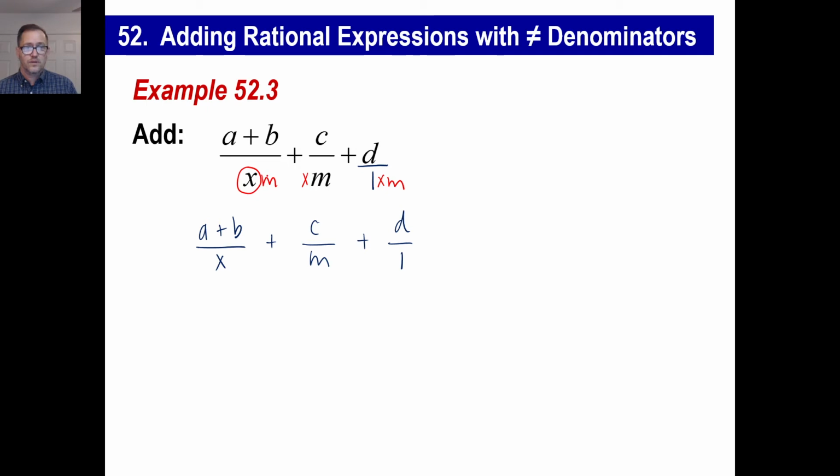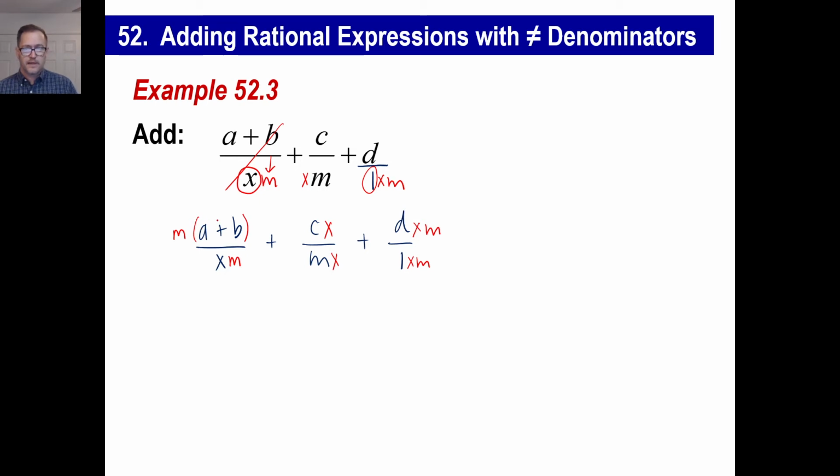All I had to do was multiply it by the m. So that's what I'm going to do up top as well. I'll put my xm here. Okay, on this one, I already had my m. I just have to multiply this by x, right? If I do it down here, I do it up there. And on this one, I only had a 1. So I had to multiply this by xm. Well, if I multiply the bottom by xm, I multiply the top by xm, okay?